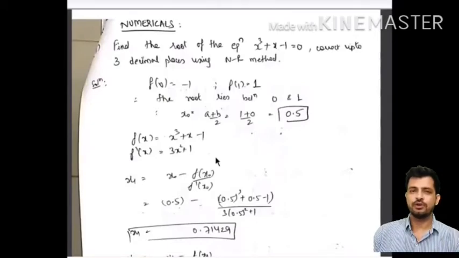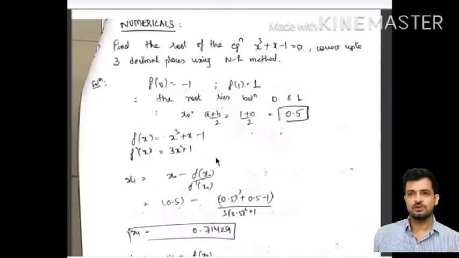First of all, we have to initially assume the value of x0. Now, how can we assume the value of x0? We have to use the first step of bisection. That means we have to find the values of a and b, with the help of which we can find the value of x0. To find x0, first of all, we have to find f of 0 and f of 1.